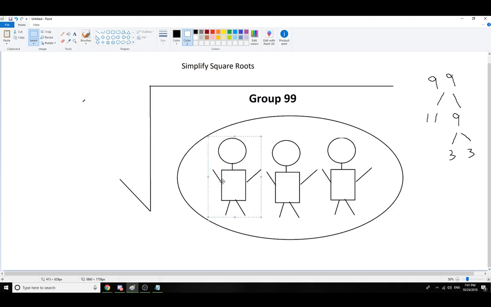Now that we found out how many people we have in jail, we have to label them, right? So labeling them is not too hard. We just find, okay, well, 11 is a prime number, so we're good. 3 is a prime number, and 3 is a prime number. So we have 11, this guy's 3, this guy's 3.